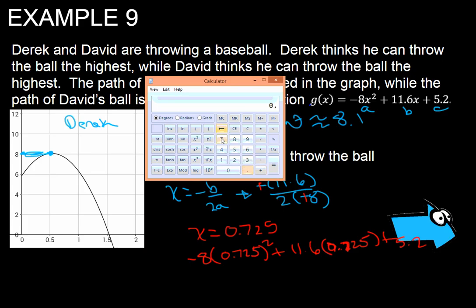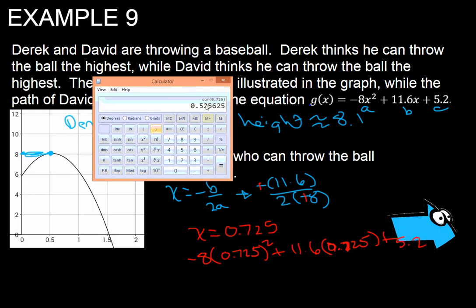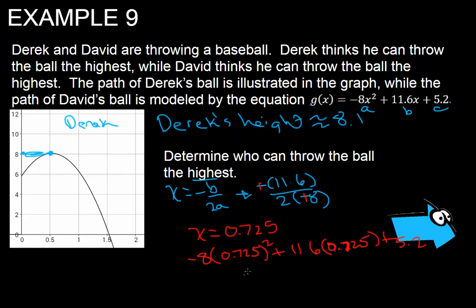We're going to take 0.725 and square it. So we're going to get 0.52625, but we're going to multiply it by negative 8, and we're going to get negative 4.205.